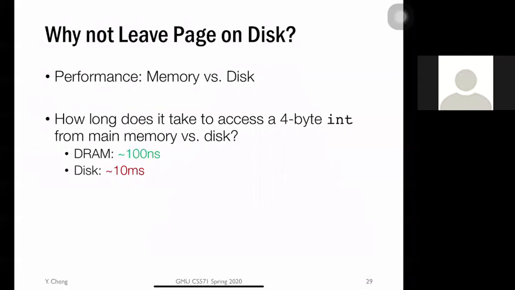You have to fetch the whole disk block which contains this 4-byte integer, and the typical disk block size is, let's say, 4 KB. So DRAM exhibits about 100 nanoseconds, whereas the disk latency for small random I/O is typically tens of milliseconds, which is a huge performance gap.